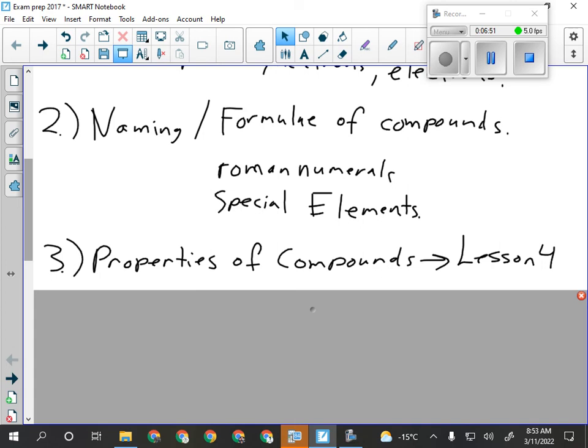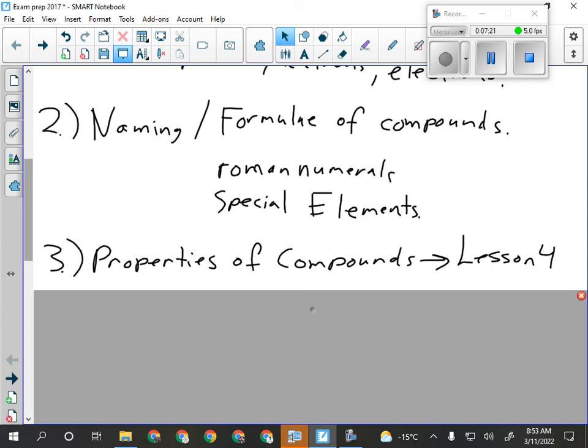You have an unknown compound, and the properties of the compound are as follows. It is a blue crystalline solid that is highly soluble in water, whose solution conducts electricity, pH of 6. This compound is likely to be A, water, B, sugar, C, copper 2 sulfate, D, nickel 2 chloride.